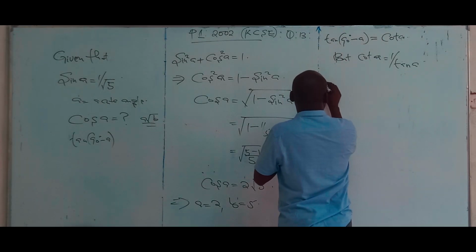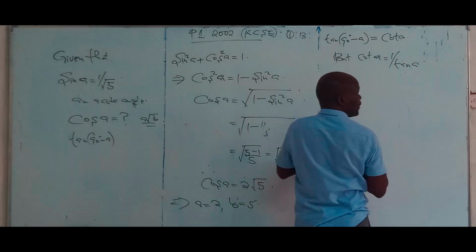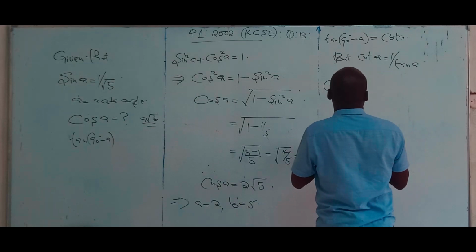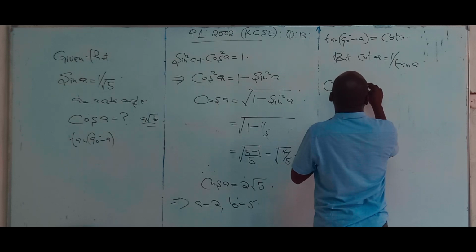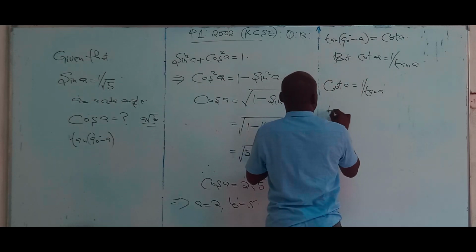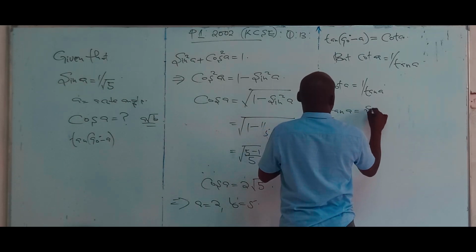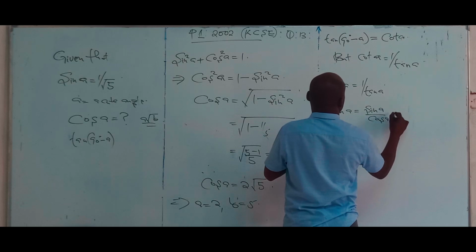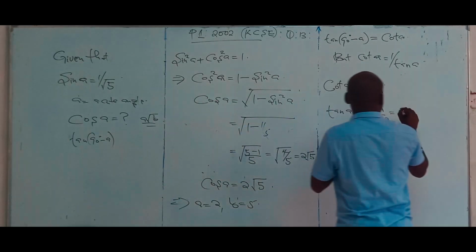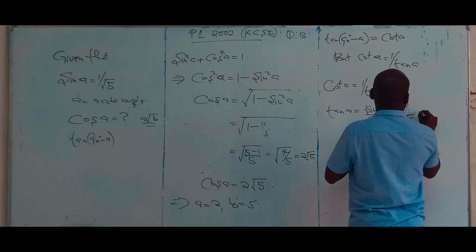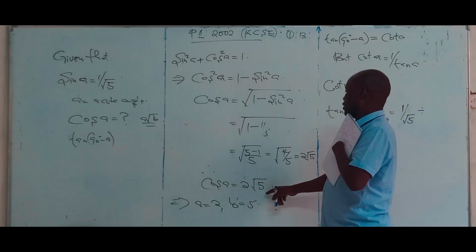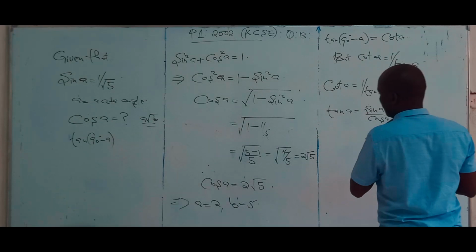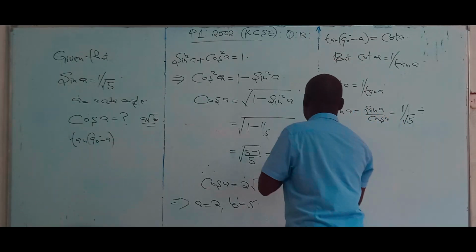So cot of A will be 1 over tan A. But tan A is sin A over cos A. Sin A is 1 over root 5, divided by cos A, which is 2 over root 5.